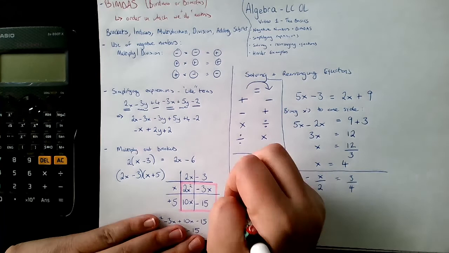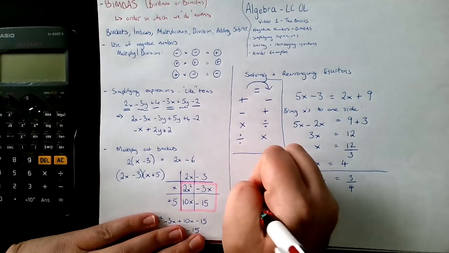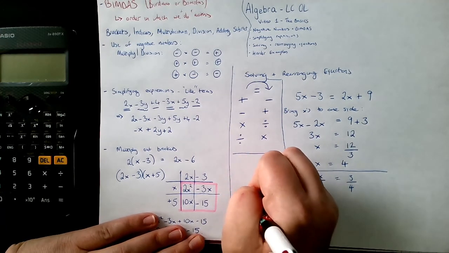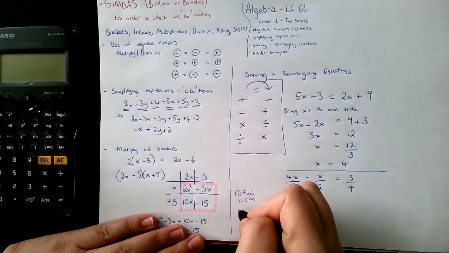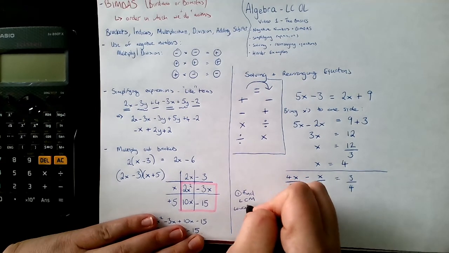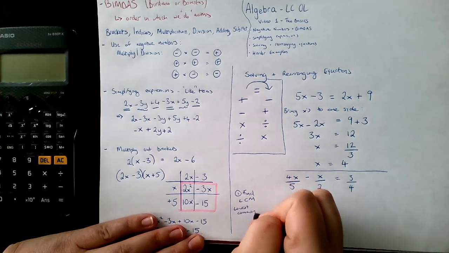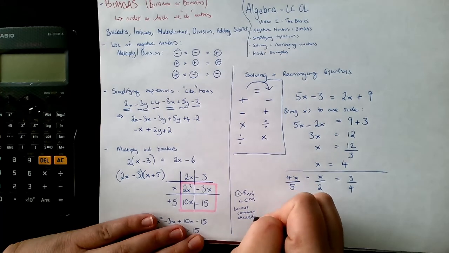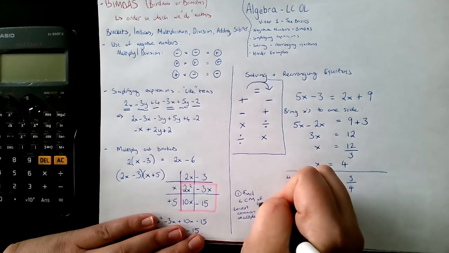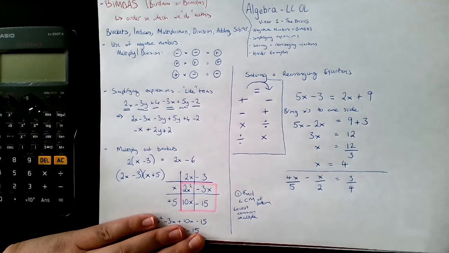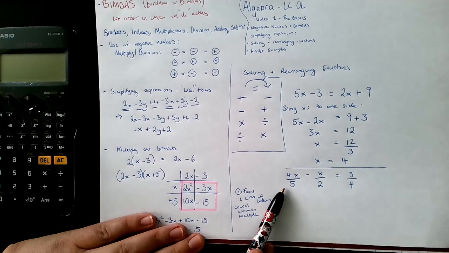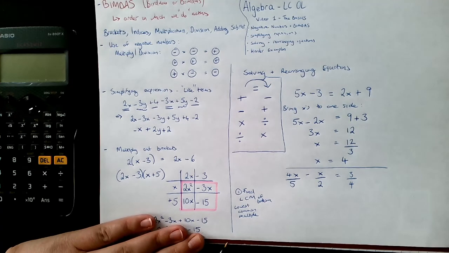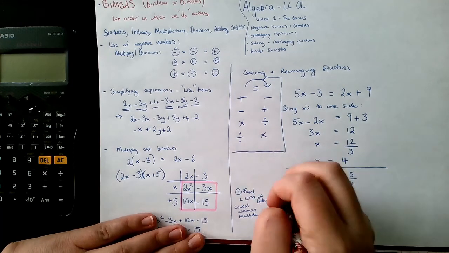So what we have to do is find the LCM, and the LCM is the lowest common multiple. What we're looking for is the smallest number that 5, 2 and 4 will go into. And in this case, it is 20.